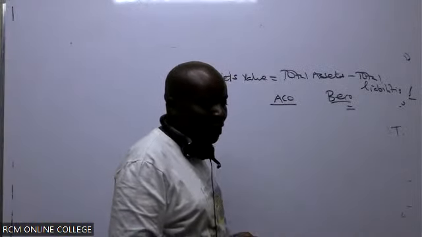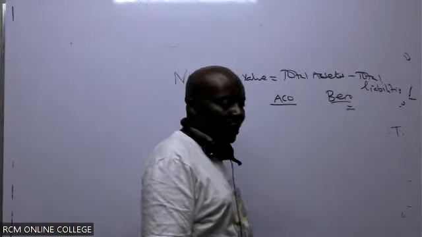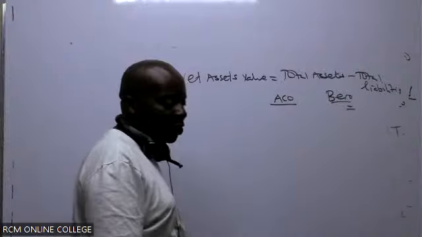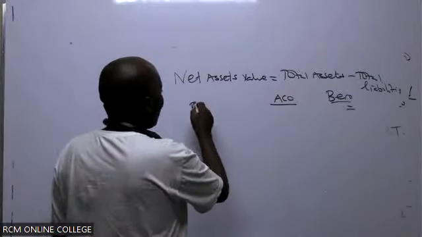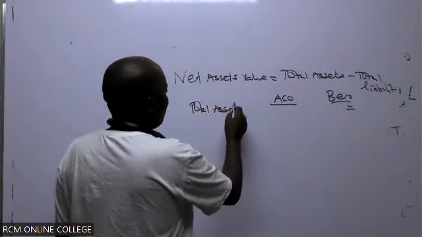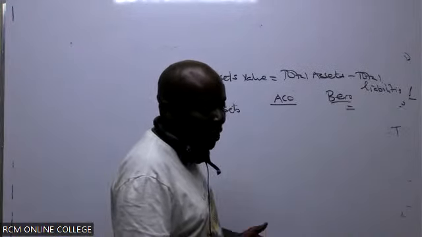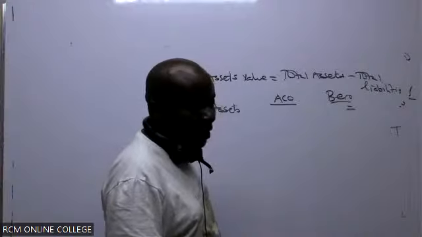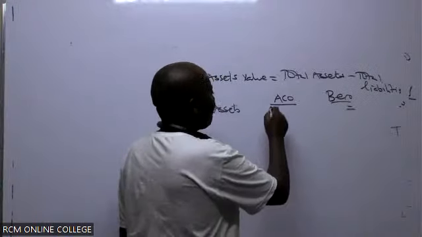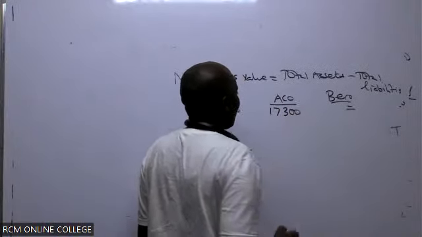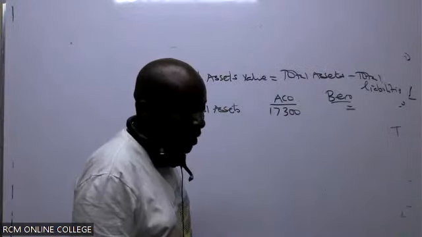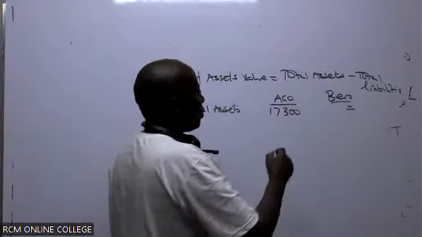These guys have given us total assets. You can see ACO down there where we have non-current and net current assets: ACO is 17,300, and the Bero is 6,100.